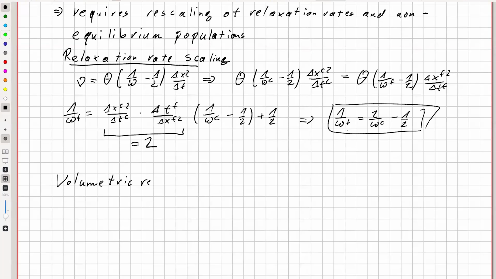So volumetric refinement, wrapping up. So what is the good thing?